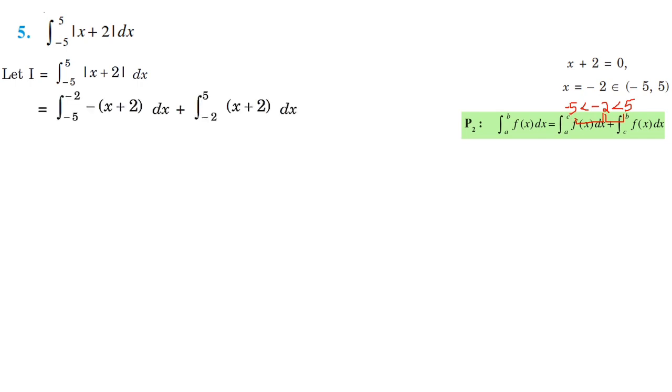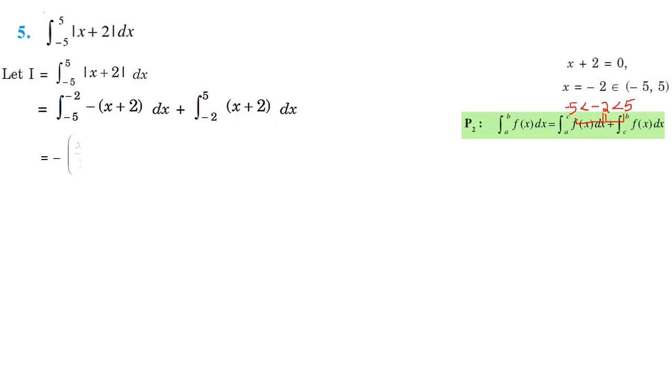So the integral from −5 to −2, the first part: when we take −5 to −2, the function will take its negative form, that is −(x + 2) dx, plus the next, from −2 to 5, the integral of (x + 2) dx. We are splitting as per the definition of modulus functions: the first part goes for the negative form and the second part goes for the positive form.